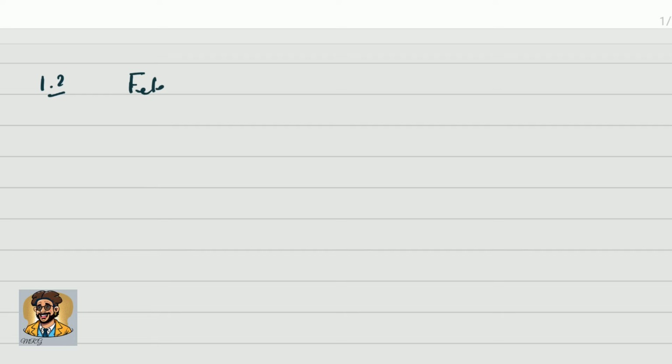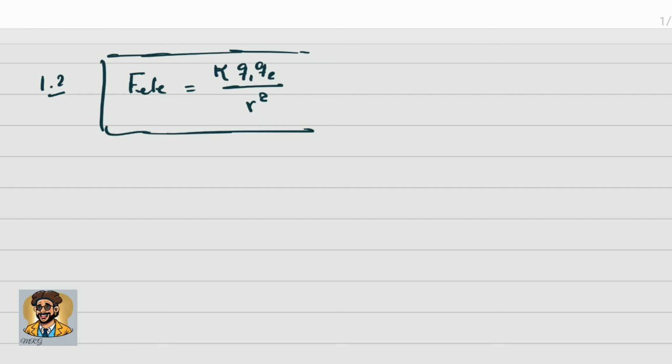The electrostatic force is equal to K, which is a constant, multiplied by the product of the charges 1 and 2 divided by the distance squared. This formula is going to be given to you. Therefore, make sure you don't make a mistake with that formula because it's given to you. Okay, so that is the formula.